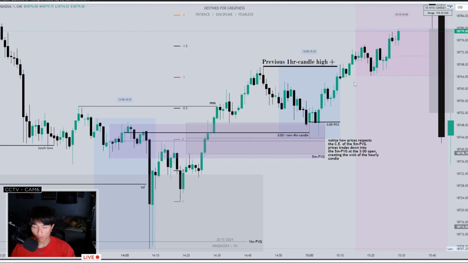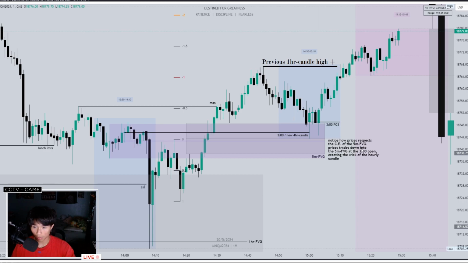Once we close the hourly candle, we can target the previous hourly candle high, right? So at 3 p.m., once again, we dip, we're buying below the 3 p.m. open and 2 p.m. open. Notice how price respects this consequent encroachment of the 5-minute fair value gap.